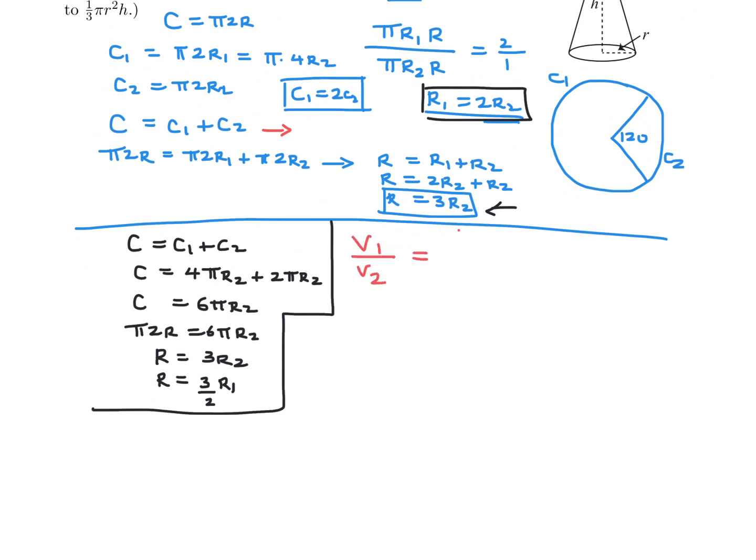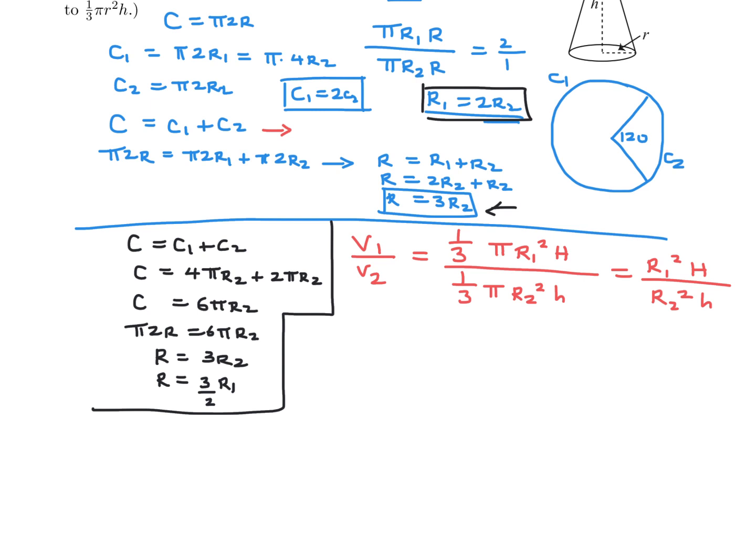The formula is 1/3 pi r1 squared times big H, and for the second one, same formula, 1/3 pi r2 squared times a small h. When you get rid of the 1/3 and the pi's, you're just left with r1 squared times big H and r2 squared times small h. Now, eventually these obviously are letters, so we've got to get rid of them, which I think we can.